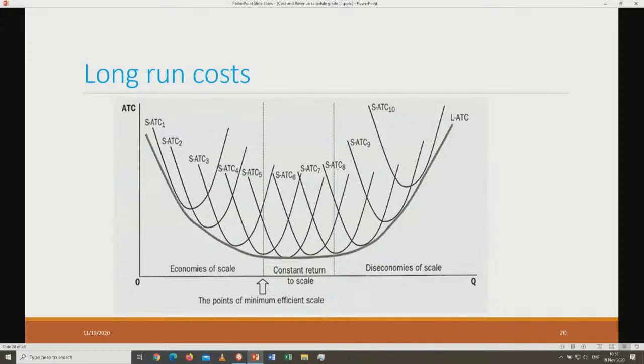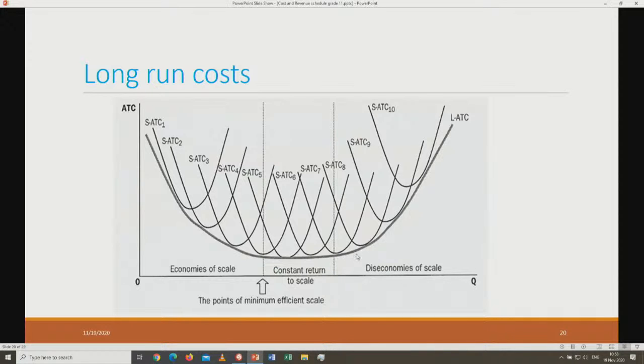But from the constant returns to scale, what happens to the average cost? Can you see? The average costs are increasing, making it more expensive to produce more units. Every extra unit that we produce will cost us more.